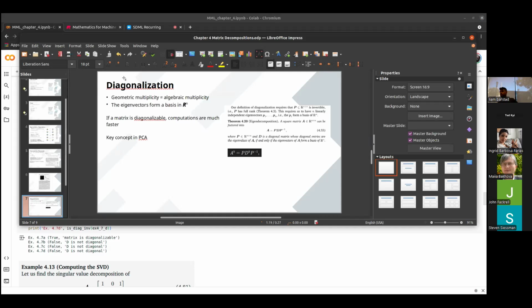So for diagonalization, we mean that all the eigenvalues will be different from each other, right? No. Having unique eigenvalues is sufficient for diagonalizability, but those are not the only matrices that are diagonalizable.